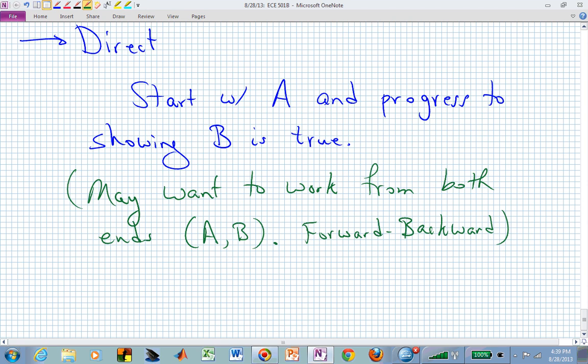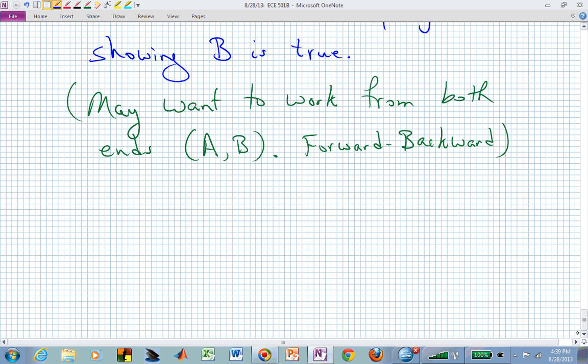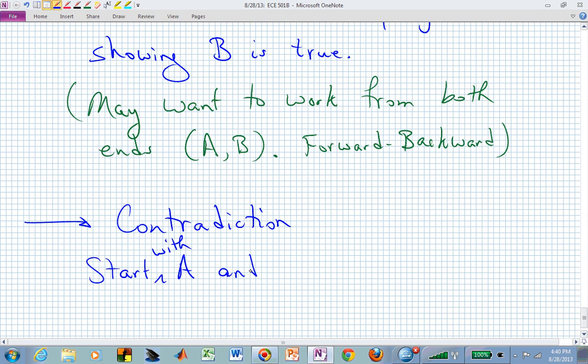What's another approach that we could take to prove if A, then B? We could use contradiction. And in that approach, what we do is we start with this true statement A, and we start with the negative of the end result of our conclusion.